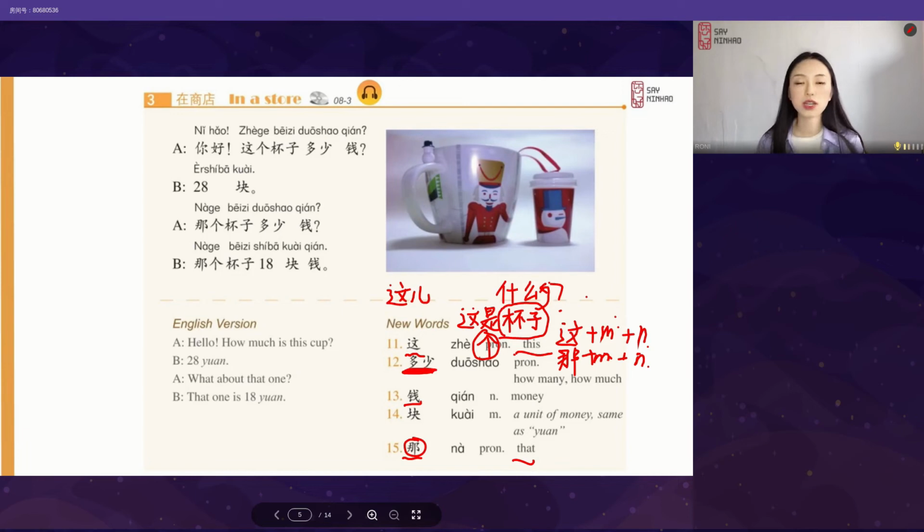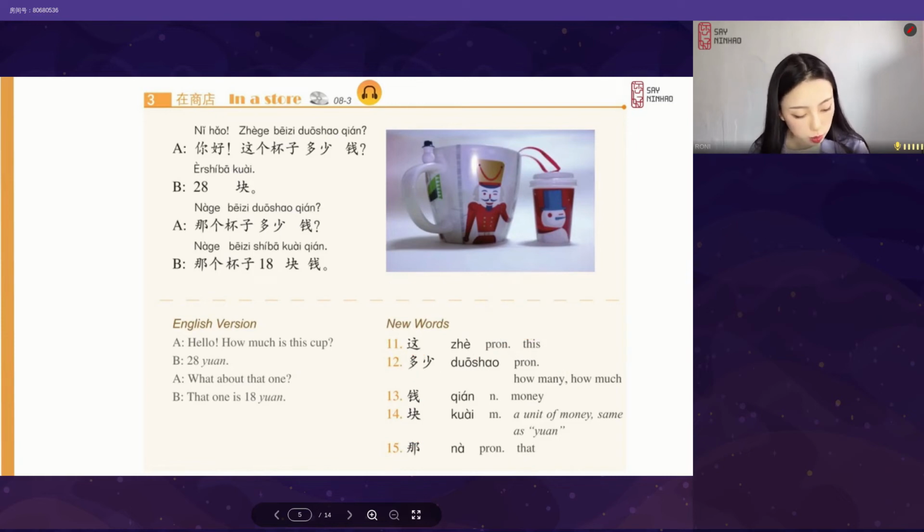Now let's move on to the next new word, here, the 12th. It is 多少. Read after me please, 多少. 少 is neutral tone. Okay, 多少. It means how many, how much. Next one is 钱. We've seen it in the warm up. 钱 means money.